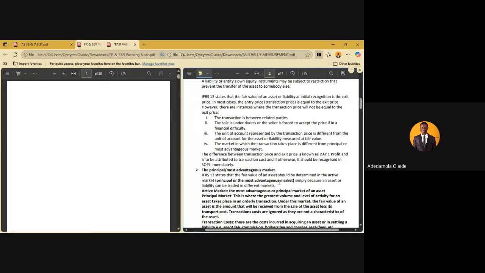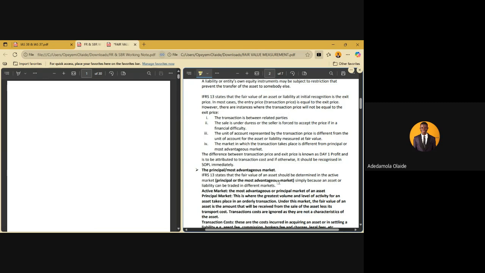The principal market is the market that has the highest volume for a transaction. For example, if you want to buy a phone or computer gadgets, the principal market will be what?